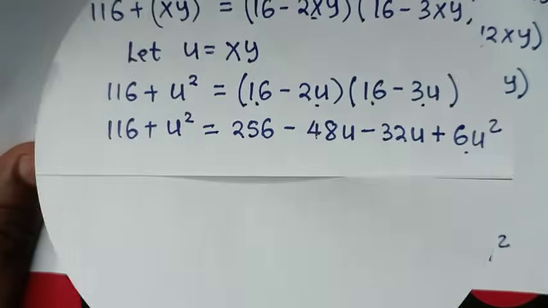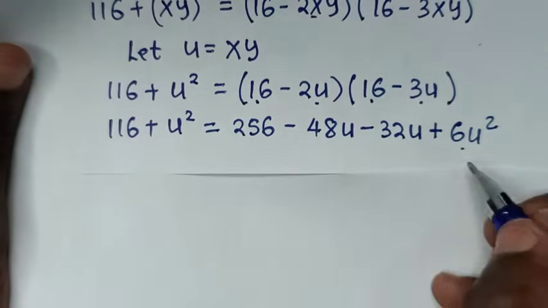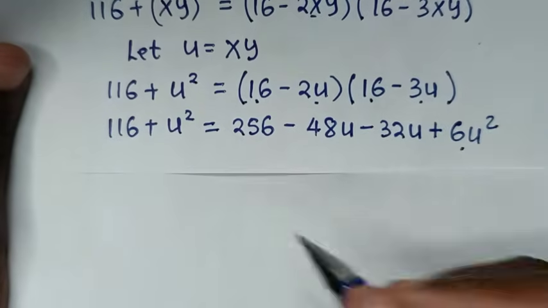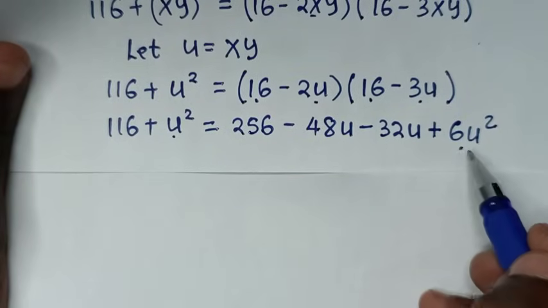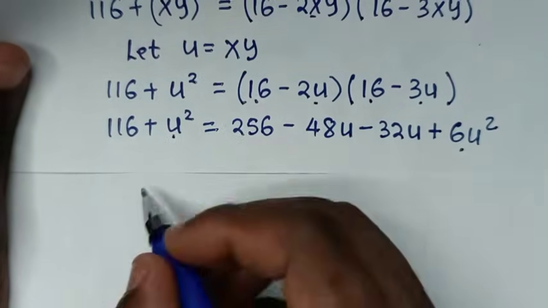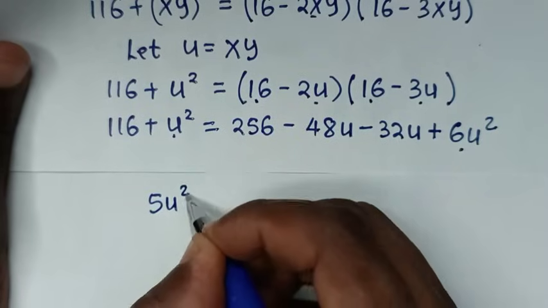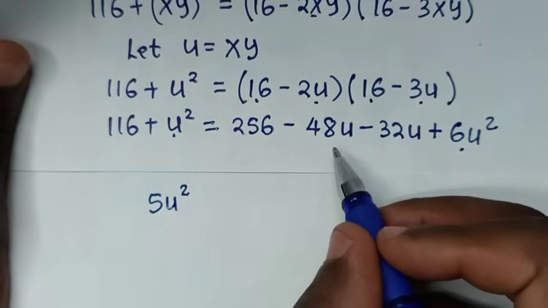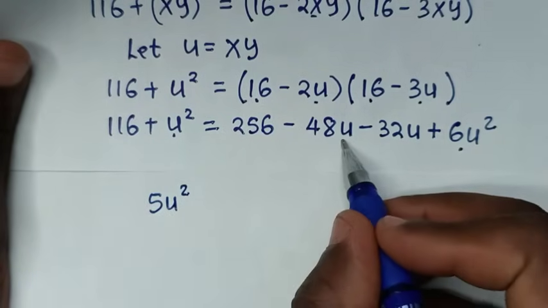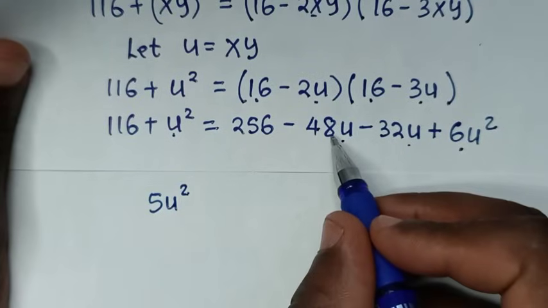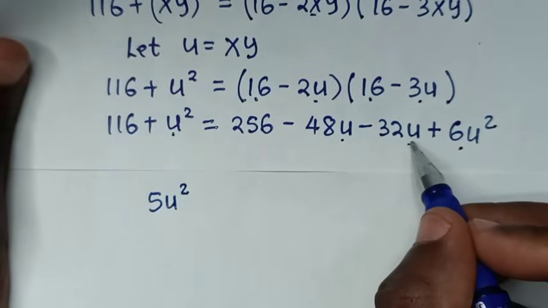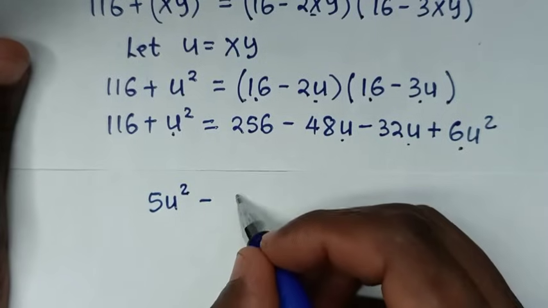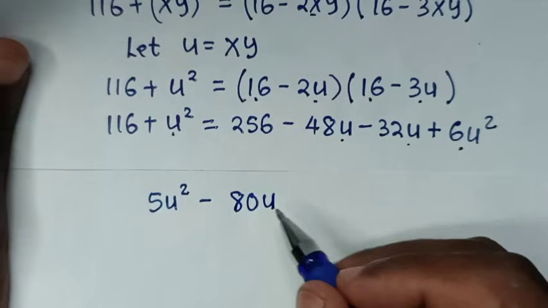Then in the next step, from this 6u squared, in here u squared, we take u squared into 6u squared, so this minus this, it will be 5u squared. Then we deal with the coefficient of u, negative 48u and negative 32u, it will be negative 80u.